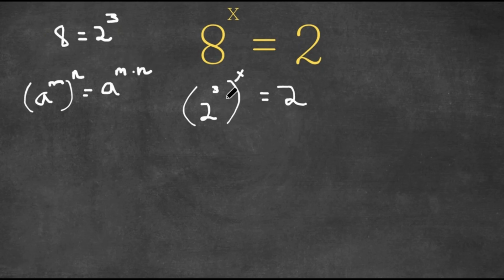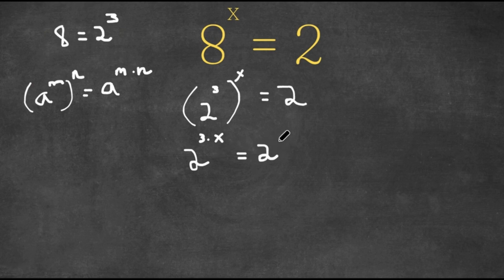So for 2 to the power of 3 to the power of x, we would just multiply these two exponents because 3 in this case is m and x is n. So this would be 2 to the power of 3 times x, and this equals 2.